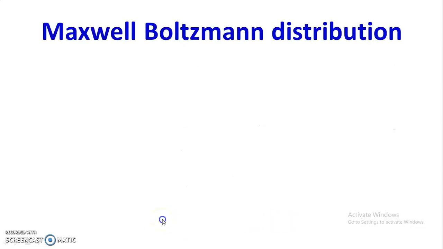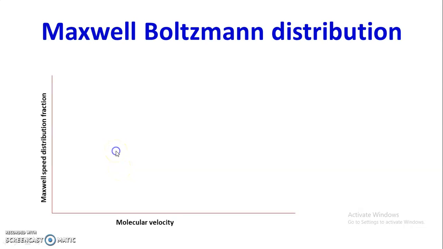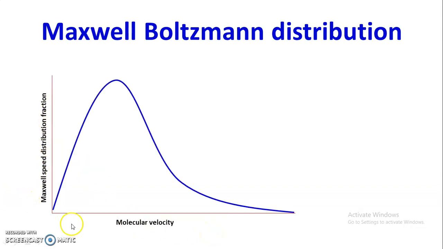So according to Maxwell and Boltzmann, when we plot Maxwell speed distribution fraction versus molecular velocity, this is the distribution curve. And at the peak there is the most probable velocity, its fraction is 1. So the largest fraction of molecules possess this most probable velocity.